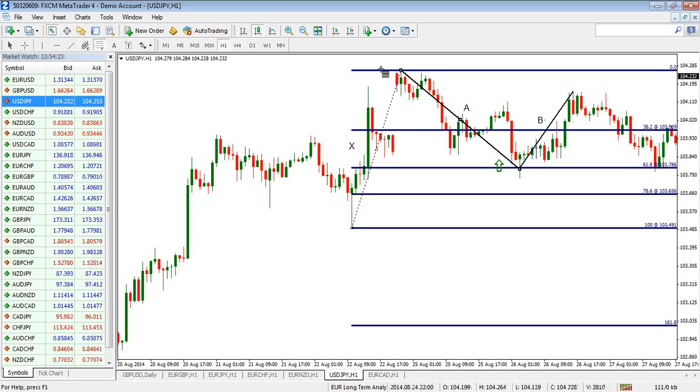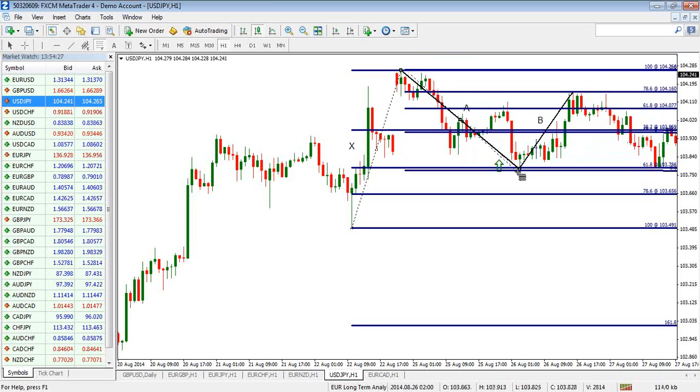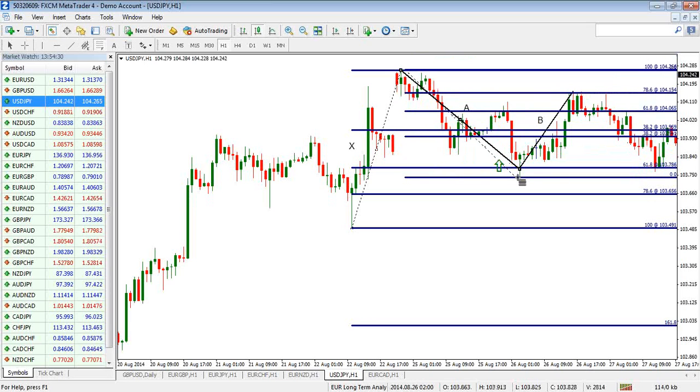So I'm going to go to my Fibonacci retracements again. If I connect the high to the low of A, you see that this B comes down, and you see the retracement. This is the 78.6% retracement of A right here. You see that B ends at 78.6% of A, which fits into our Gartley harmonics, correct?